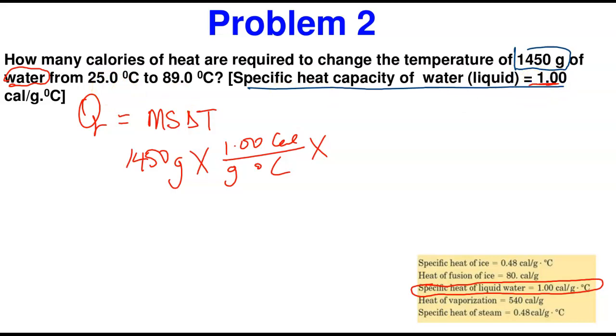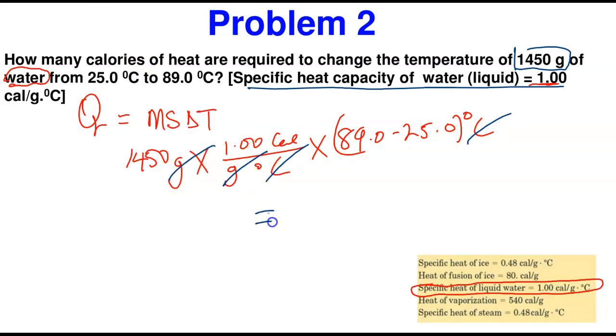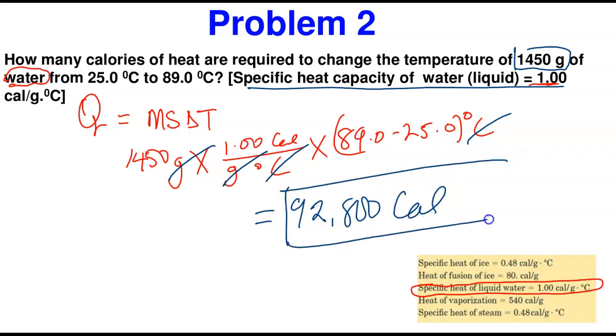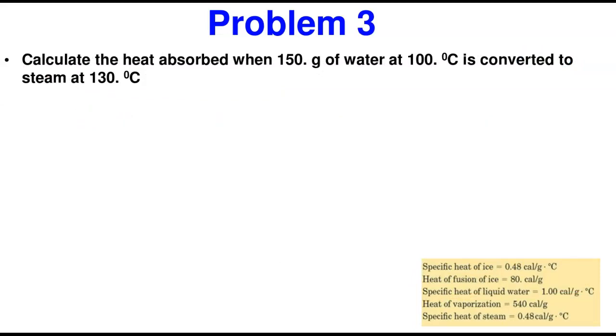It went from 25 to 85. So it's going to be 85.0 minus 25.0, and all this in degrees Celsius. And again, if we cancel everything, we're going to have our answer to be 92,800 calories of heat needed for this process that involved a change in temperature.